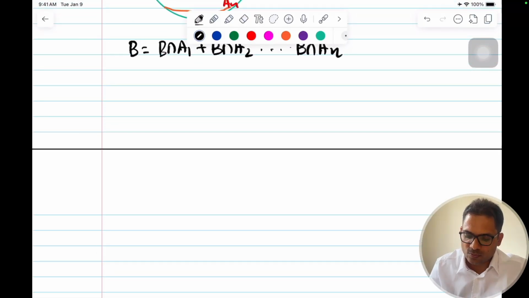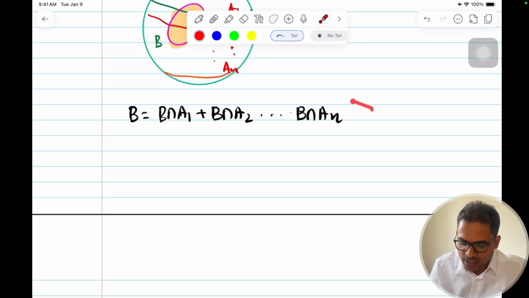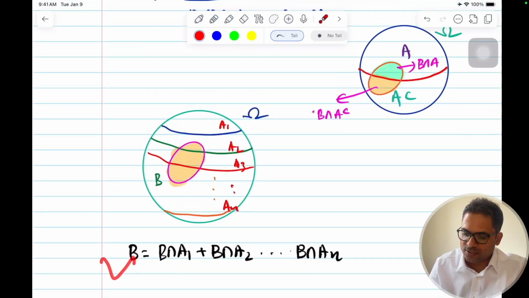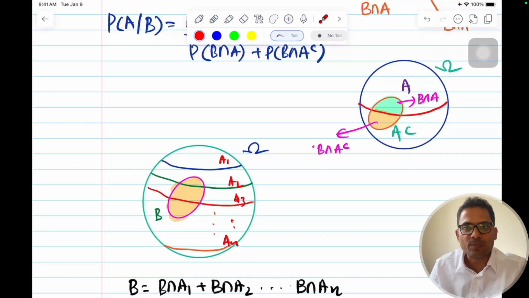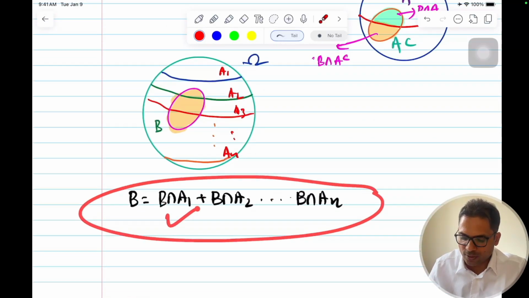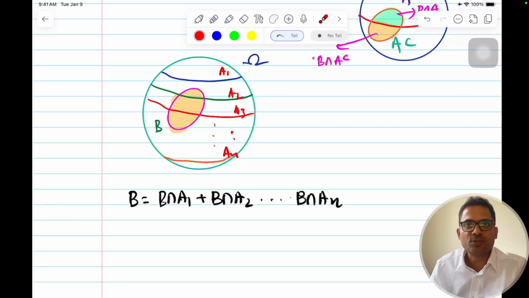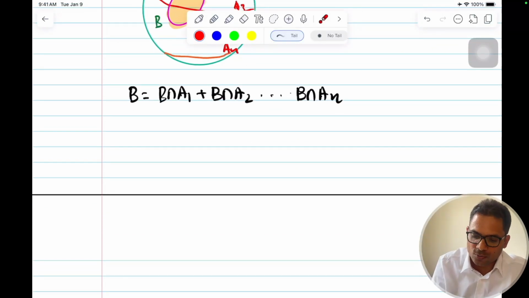Whatever you have understood now, how to calculate the total probability of B, first using the two parts A and A complement, and then generalizing it to n parts, has got a name: the law of total probability.